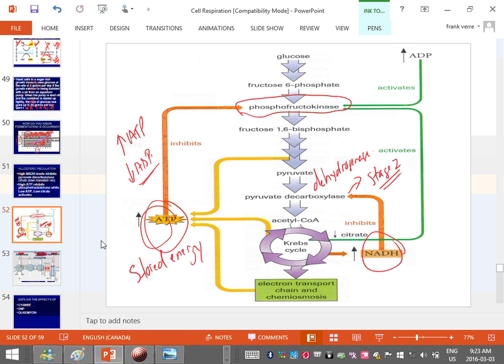Okay. What about citrate? According to this flowchart, when you have low levels of citrate, it actually speeds up, it increases respiration. Why is that? Why do low levels of citrate increase respiration?